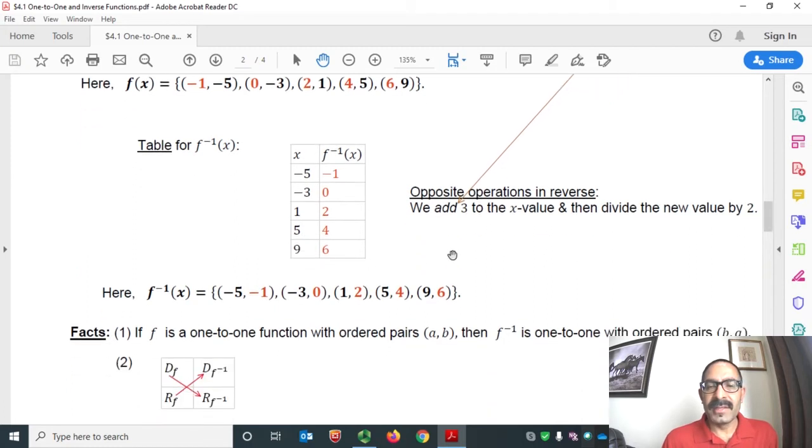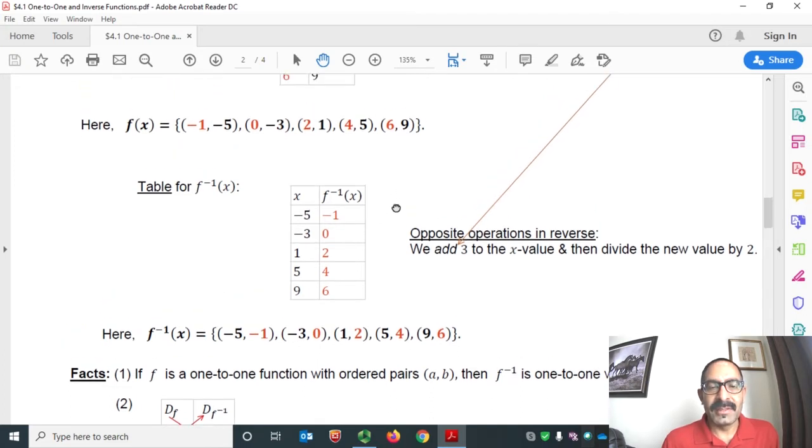Then it says add 3, so negative 5 plus 3 is negative 2, and divide by 2, so we have negative 1. Similarly, negative 3, add 3, so 0, divide by 2, so 0. Let's do the last one, the 9. Add 3, so 9 plus 3 is 12, and divide this new value 12 by 2, which turns out to be 6.